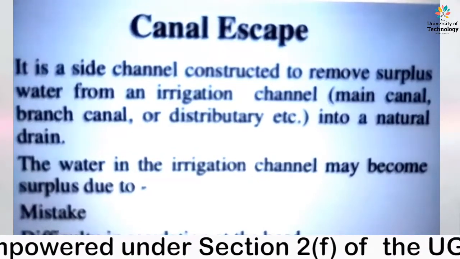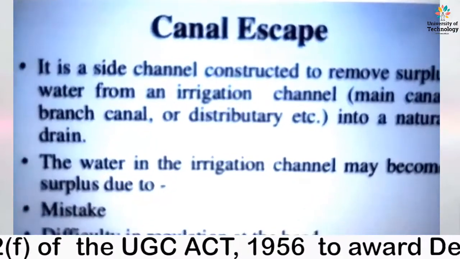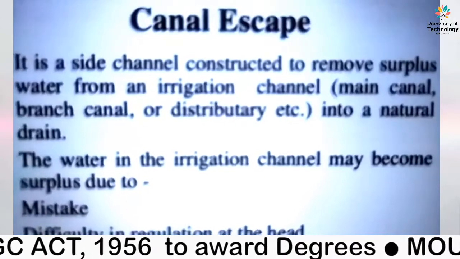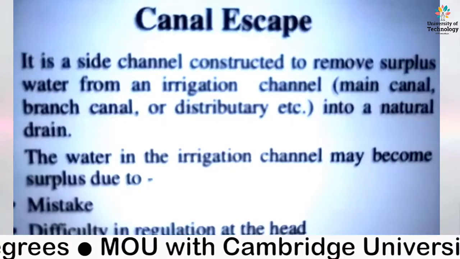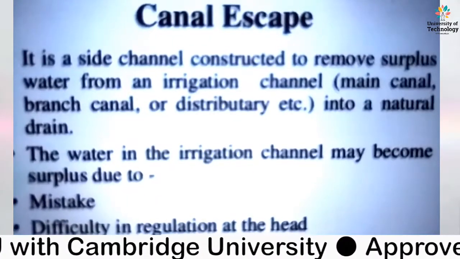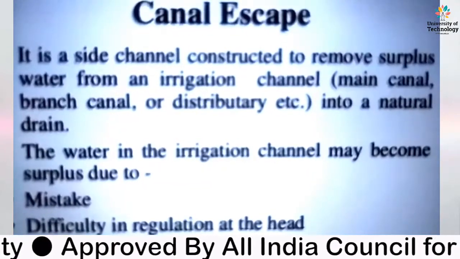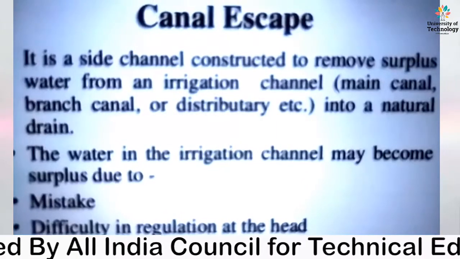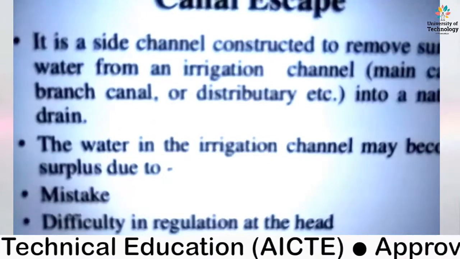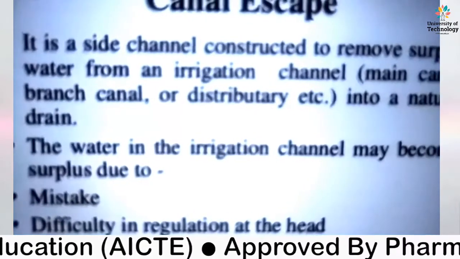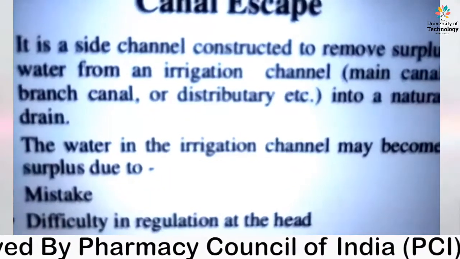The water in the irrigation channel may become surplus, due to a mistake. When surplus water comes in the main canal or parent canal, or the distributary canal and other canal minors, difficulty in regulation of water may take place.